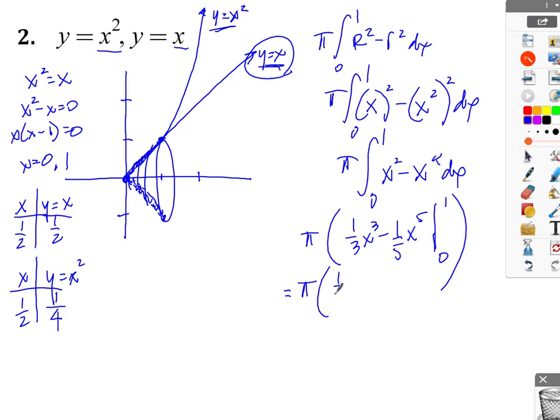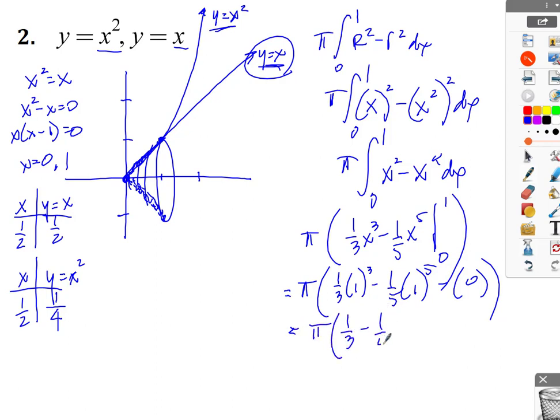It's going to be 1/3 times 1 cubed minus 1/5 times 1 to the 5th, minus 0. Which ends up being 1/3 minus 1/5. The common denominator is 15. And we get 5 over 15 minus 3 over 15. And we get 2 pi over 15.